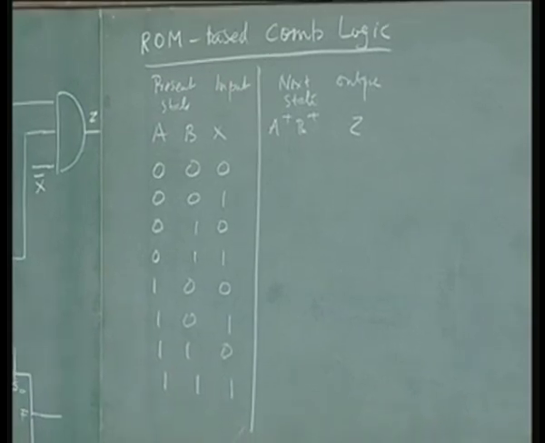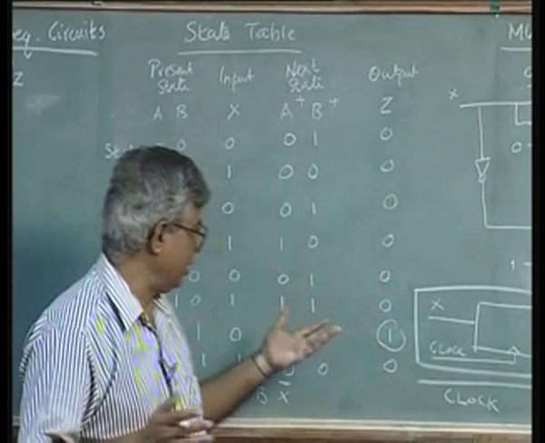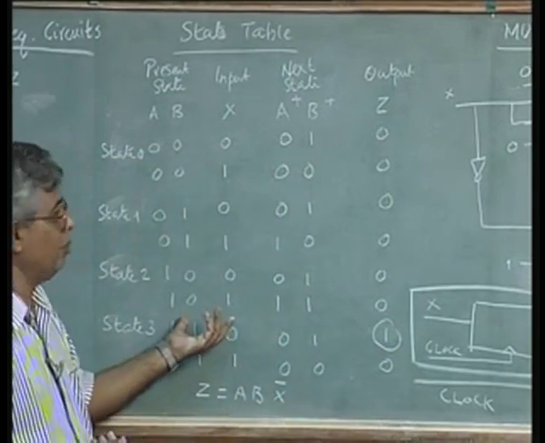That is the state table written as a truth table. That is all. As long as the information is same, you call it state table or a truth table.